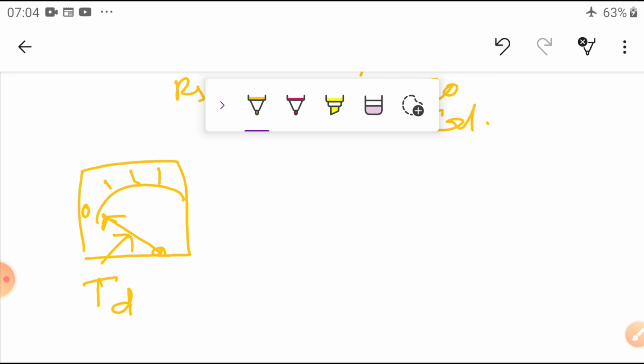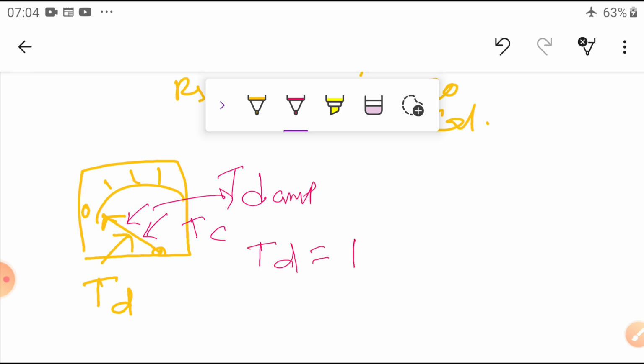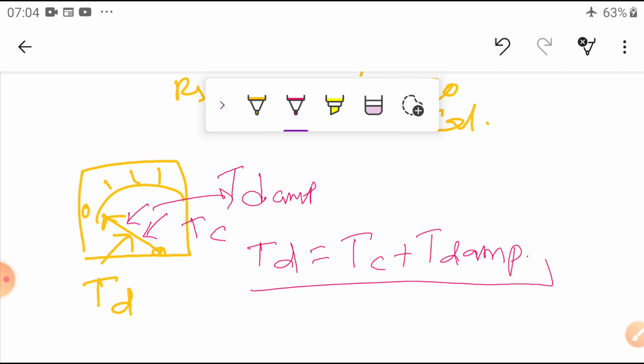At the same time, it is opposed by two torques: one is the controlling torque Tc, and the other is the damping torque T damping. Whenever the deflecting torque is equal to Tc plus T damping, the pointer is stable. We have already seen this.